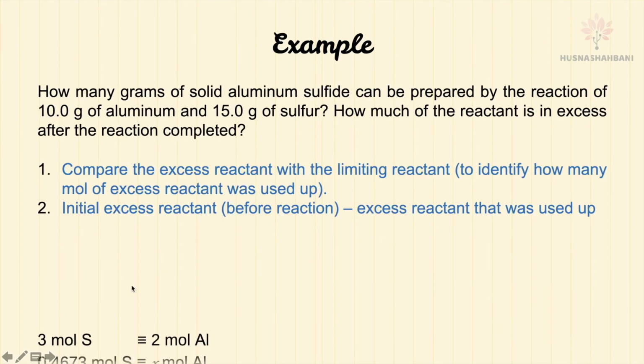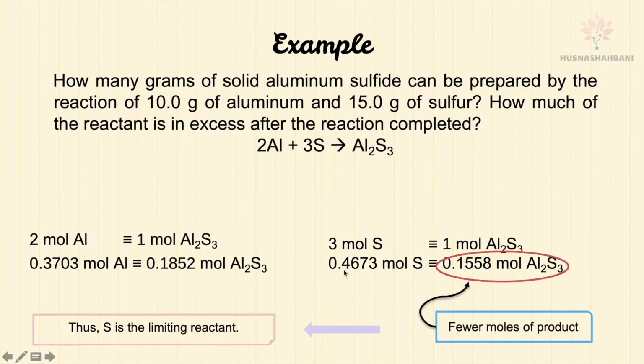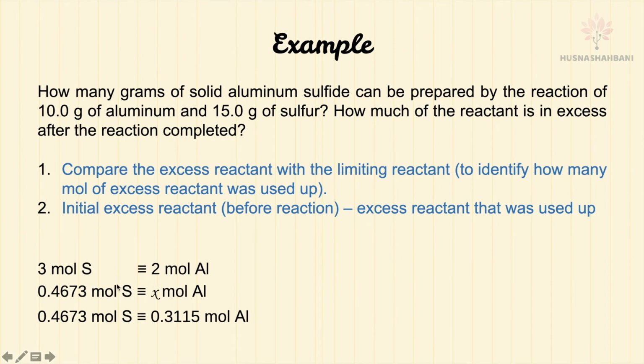Okay. Then when we compare, you put the actual number of mole of S, 0.4673 mole. This is the actual number of mole of S. Then you do cross multiplication, x mole of Al. This is the number of mole of excess reactant when you compare with limiting reactant.